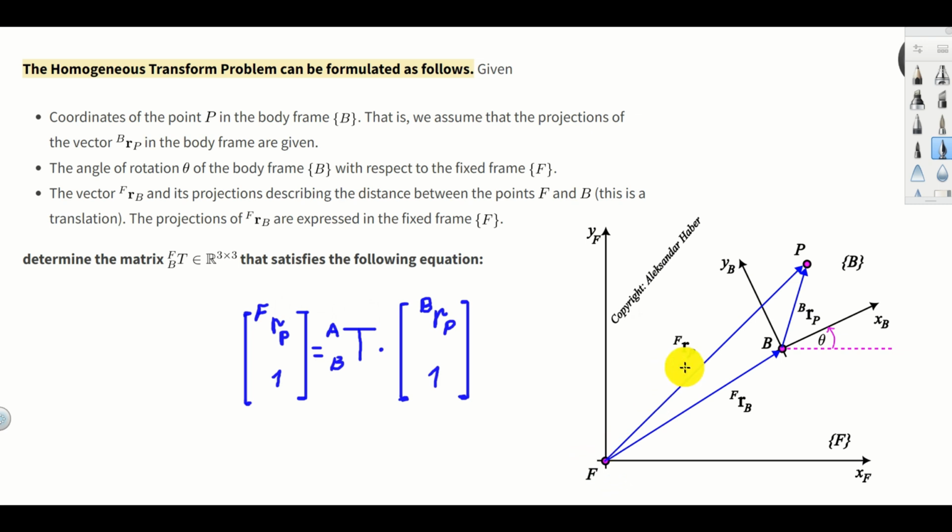For example, in this case, we are measuring the distance with respect to this point, and at the same time, this left superscript also denotes the frame. That is, it denotes the frame F. And often, if you see something like this, then the coordinates of the vector RPF are expressed in the coordinate frame F. I will explain this later on in this tutorial.